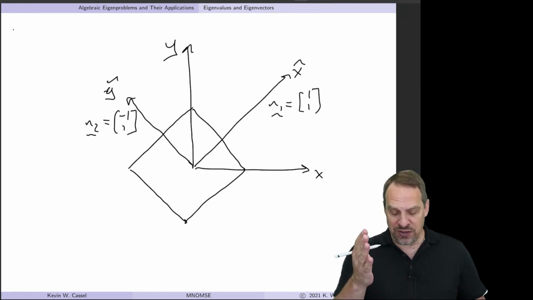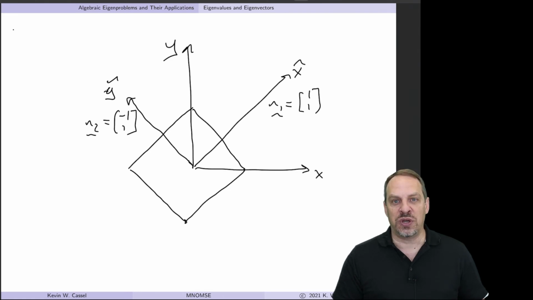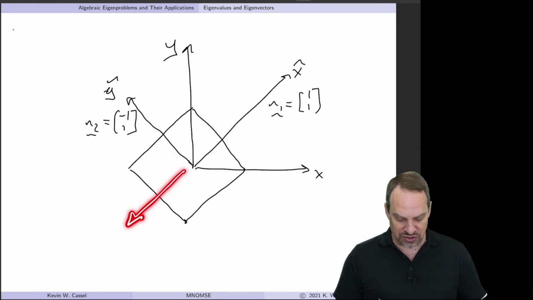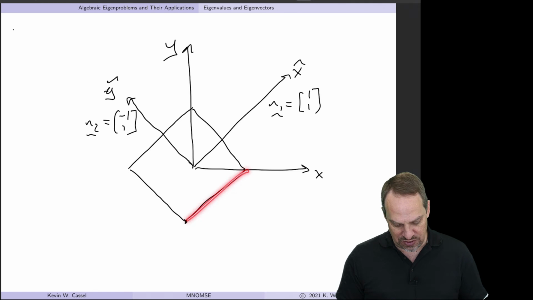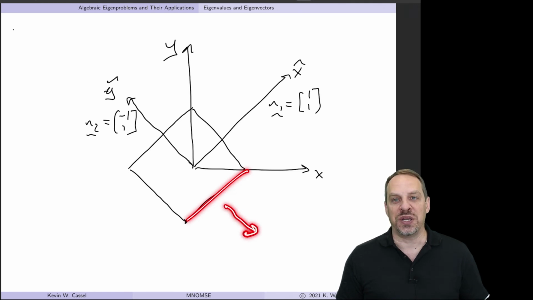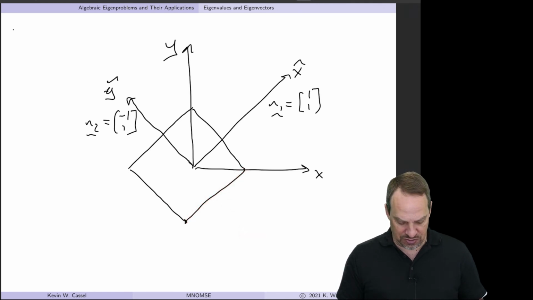Again, according to the signs, I could have called n1 minus 1, minus 1. Well, that's in this direction. That's the same face. Same thing here. This face is defined by minus 1, 1, and this face is 1, minus 1. So everything holds.